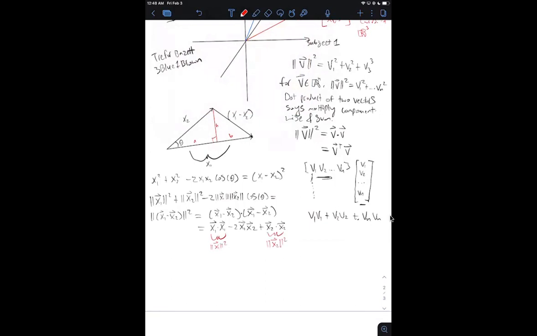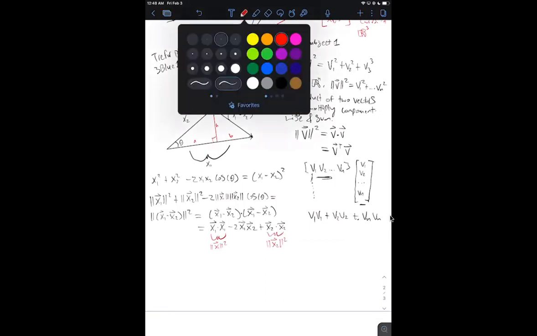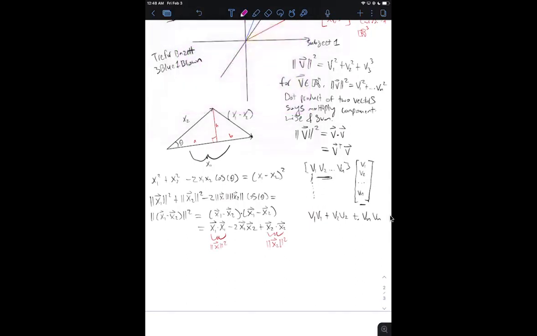So notice here that we then have, let's change colors one more time, let's go with this purple. So this gets knocked out here. This gets knocked out here. And then what are we left with?